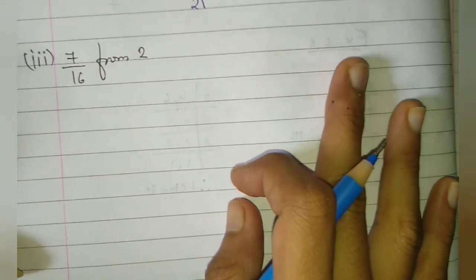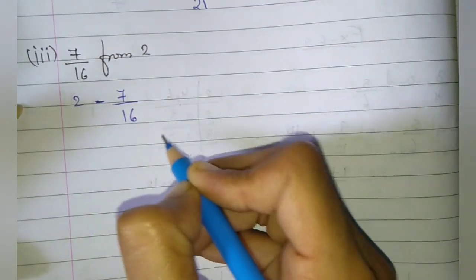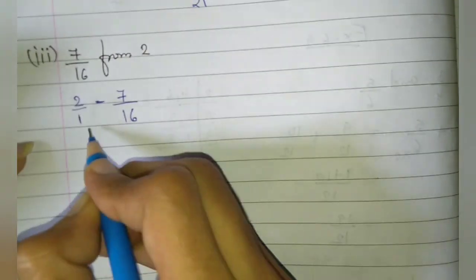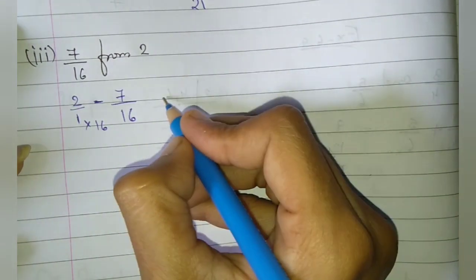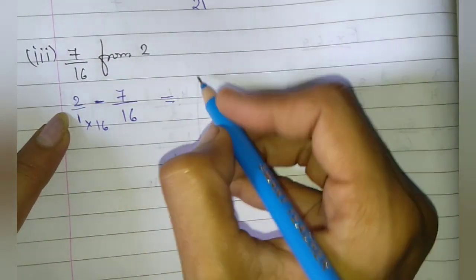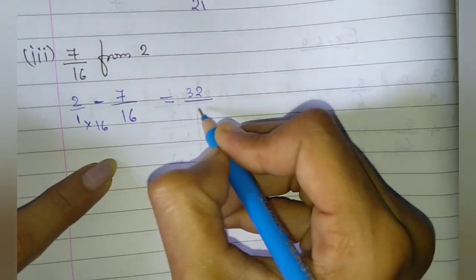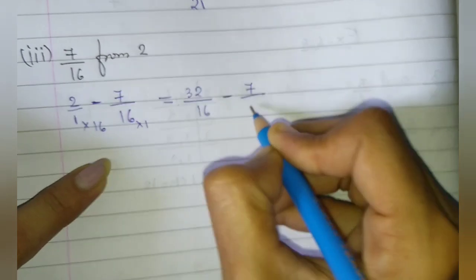Now the third question is 7 upon 16 from 2. First we have to write 2 minus 7 upon 16. Here 2 has nothing below it, meaning 1, so the LCM is simply 16. So we'll multiply by 16. So 16 into 2 is 32 upon 16 minus 7 upon 16.